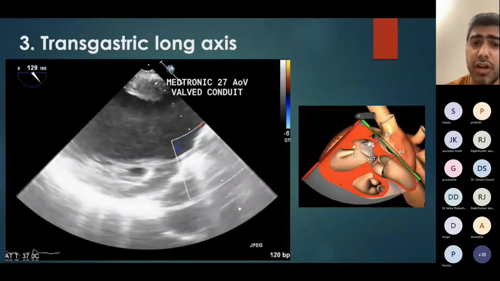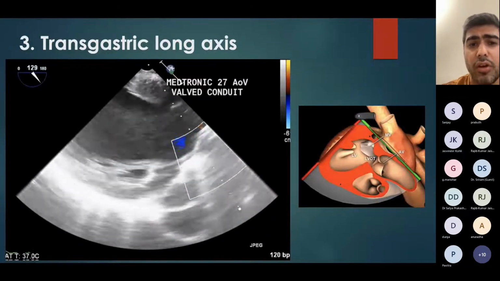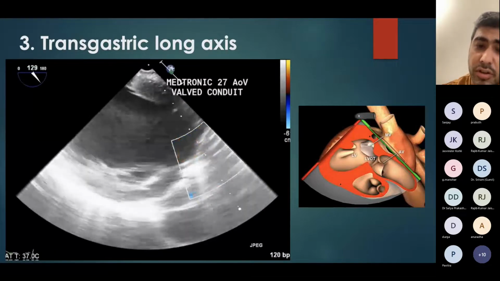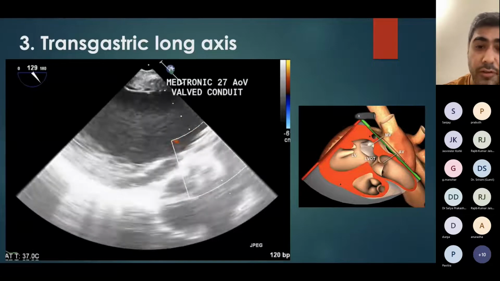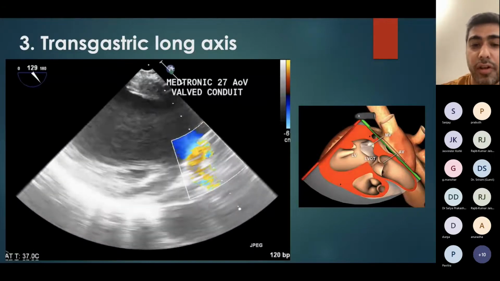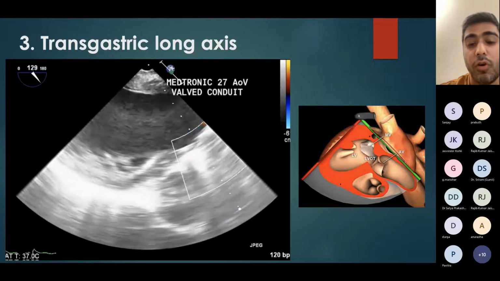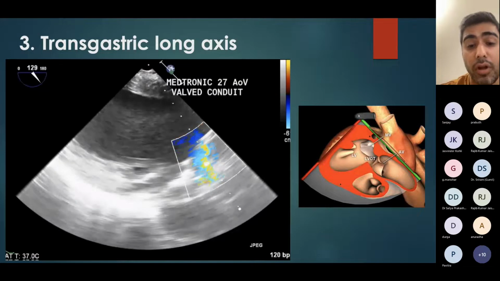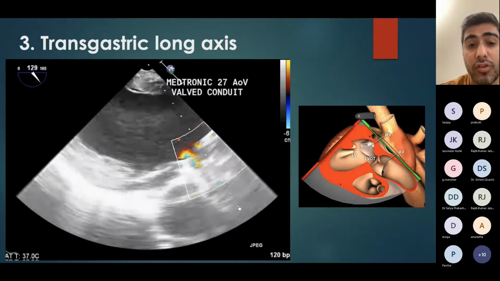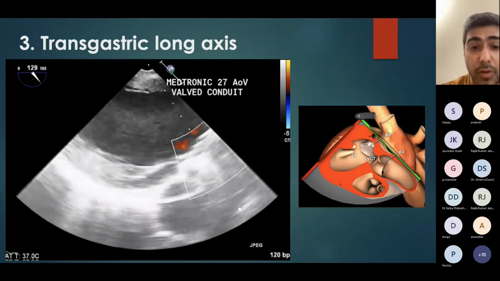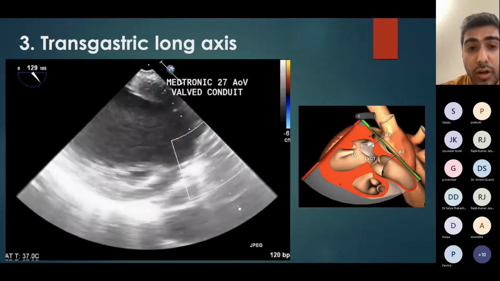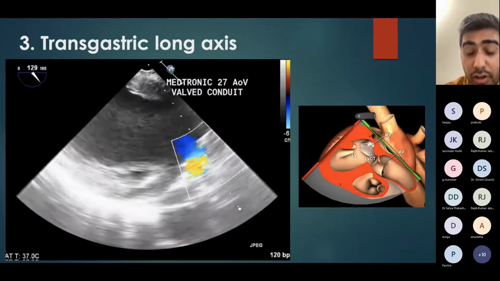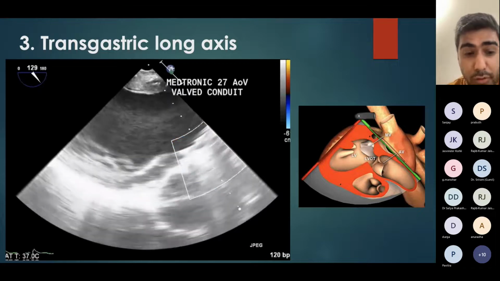We go on to the transgastric long axis view, in which the aortic valve is in a far field. So for the gross morphological assessment of the aortic valve, it may not be the best view, but for Doppler assessments like the pulse wave Doppler or the continuous wave Doppler, this view is excellent because it allows proper alignment of the Doppler beam with the jet, so that the measurements are most accurate.